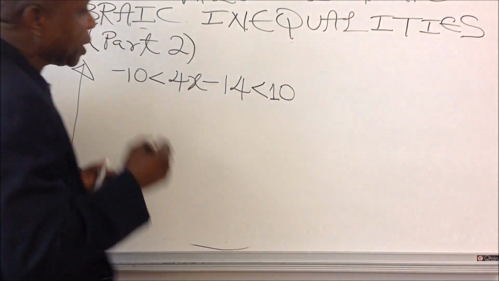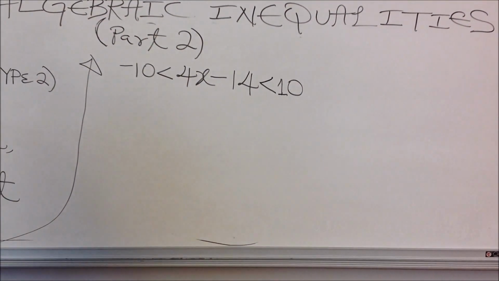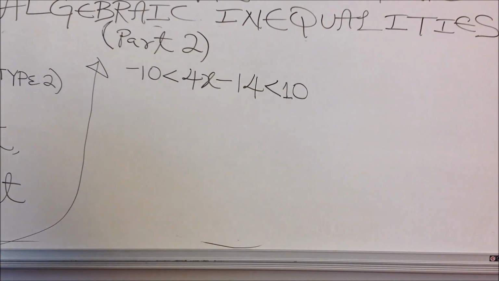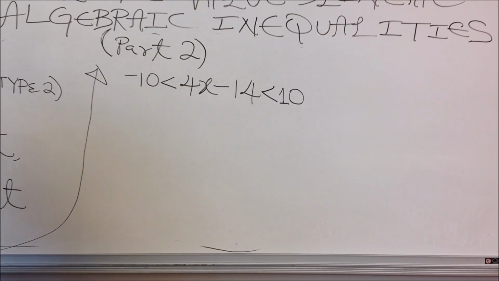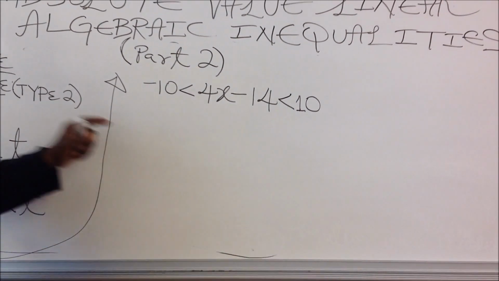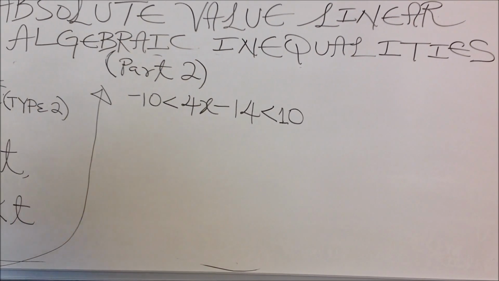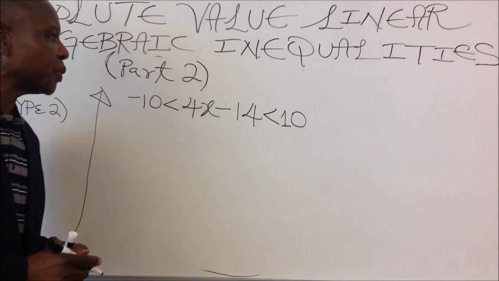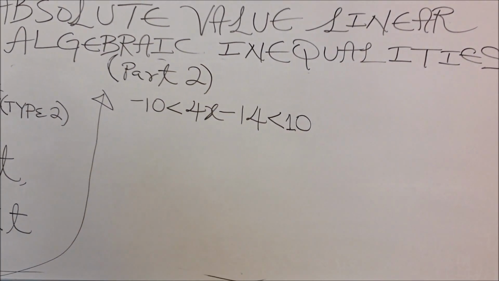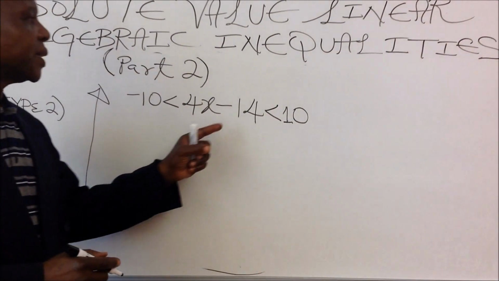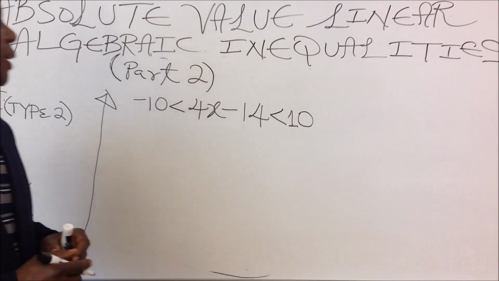So what would be our strategy for solving a problem like this? Well, notice the goal is to solve for x. Our goal is to solve for x. So what we must do then is to try to eliminate negative 14.